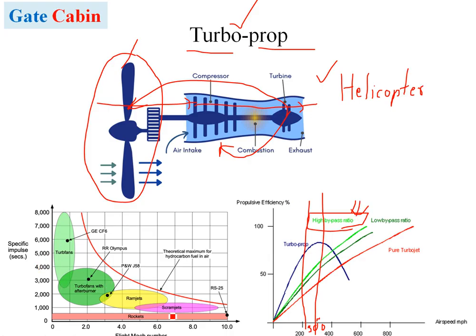Then this graph compares the specific impulse, or the fuel cost, with respect to the flight speed. You can see that for the scramjet engines, the fuel consumption per second is highest. The turbofan engine rules this particular graph. The fuel consumption per second is very low with the turbofan engine, and it is highest with the supersonic combustion ramjet engine.